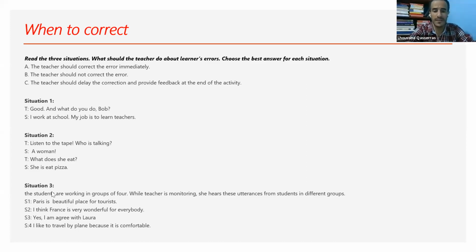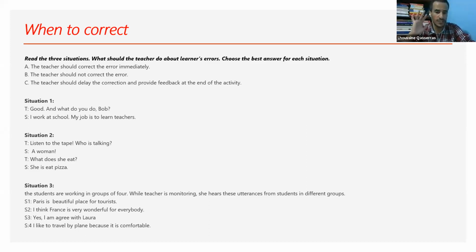Now, situation number 3, very interesting. The students are working, okay, in groups of 4. While the teacher is monitoring, she hears these utterances from students in different groups. Maybe it's a speaking or writing activity, okay. And then the teacher is monitoring.